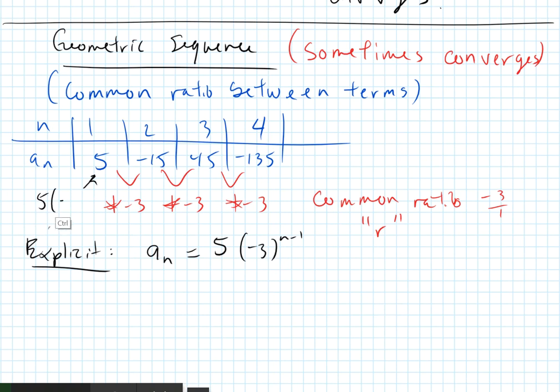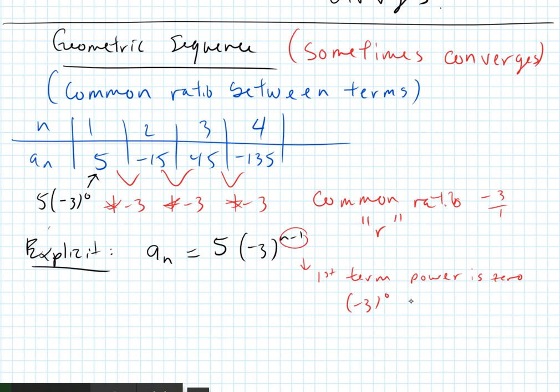The only way to make that 0 is to have it as n minus 1, the number of terms minus 1. So you just need to keep in mind that even though it's the first term, the power is 0. That's the only thing you have to catch, because negative 3 to the 0 power equals 1, and that's how we get our first term.